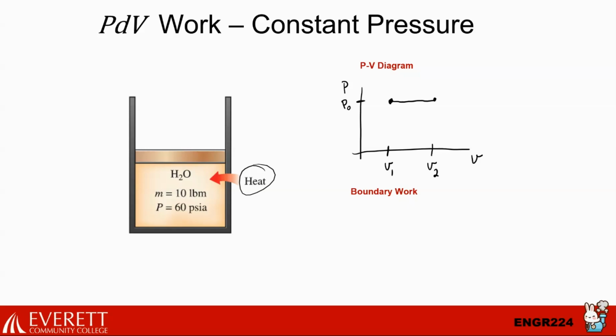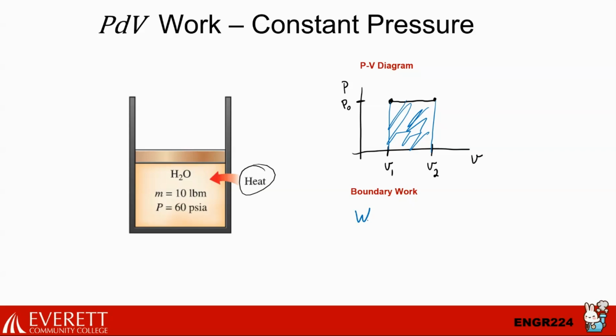So if you see P naught or P sub 0, it just means it's a constant pressure, typically, is what they're trying to imply. And so if you look at this from the perspective of area under the curve, you probably right away recognize that forms a nice box. So you could right away say, oh, well, it's the difference between those v's times P is the area under that curve.